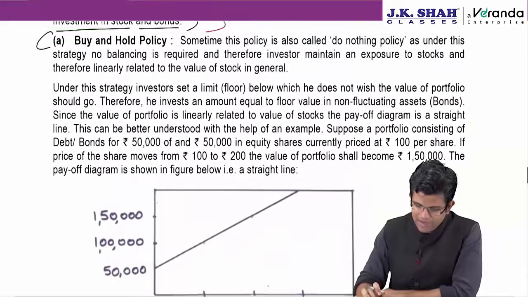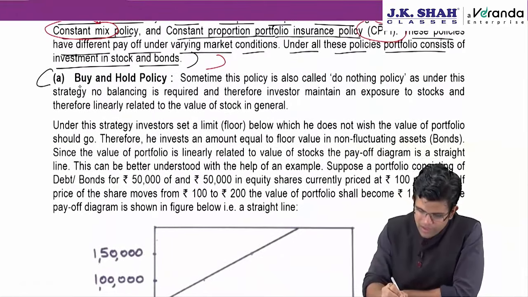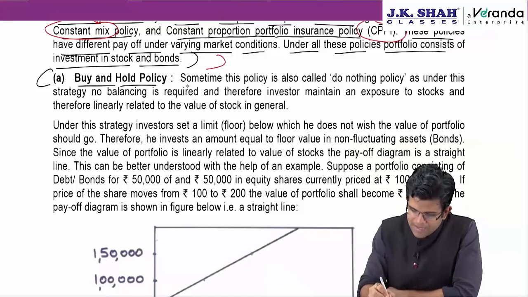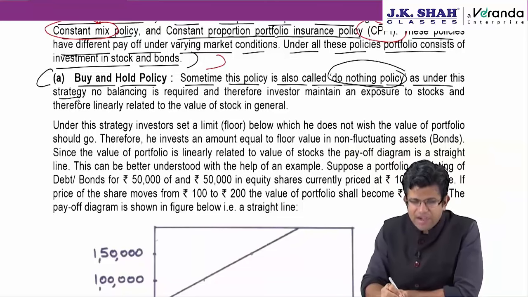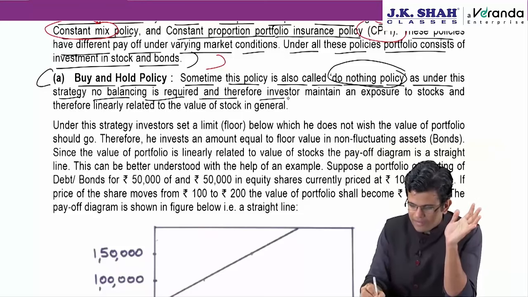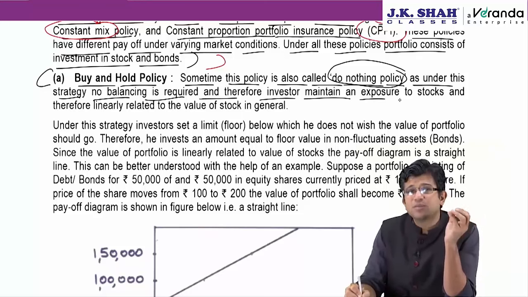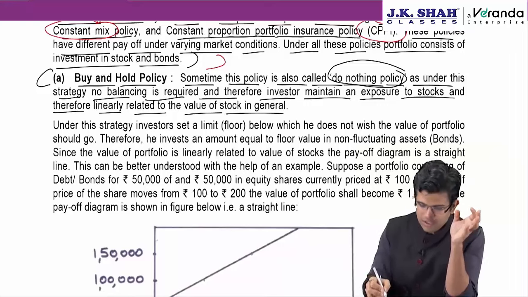Let us now try understanding buy and hold. I'm very sure you understood, very simple language given, okay? Buy and hold policy. Sometimes this policy is also called the do nothing policy, as under this strategy there is no rebalancing happening. No balancing is required and therefore the investor maintains an exposure to stocks linearly related to the value of stock in general.